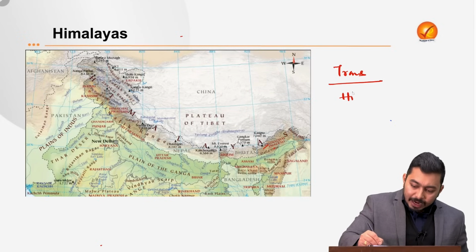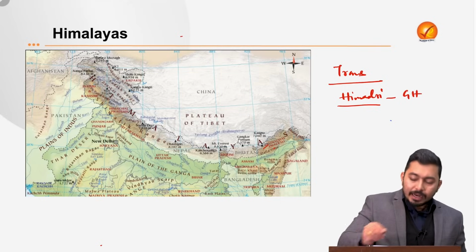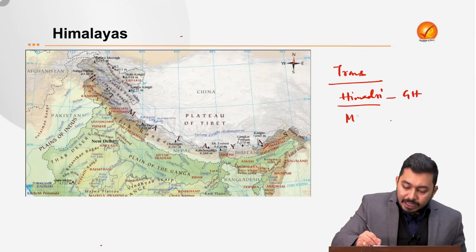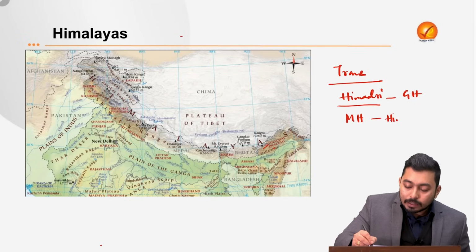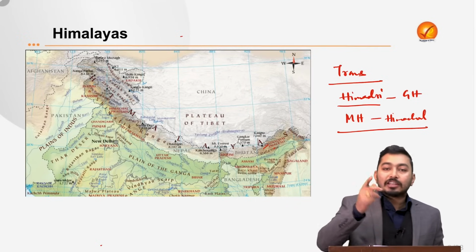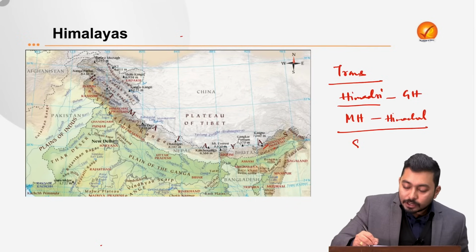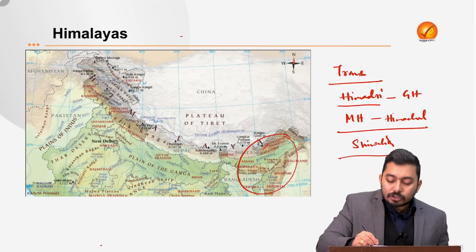Then I have the Himadri or the Greater Himalayas. Then I have the Middle Himalayas, also known as Himachal. Then you have the last of the Himalayas, the Shivaliks. At times we go for a regional division also, which is known as the Purvanchal Hills.